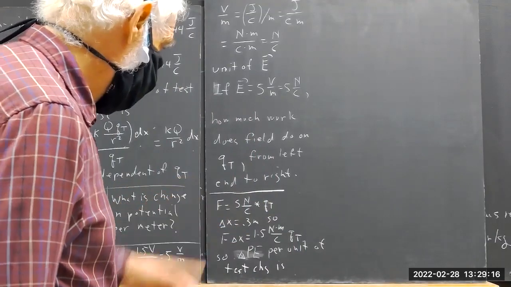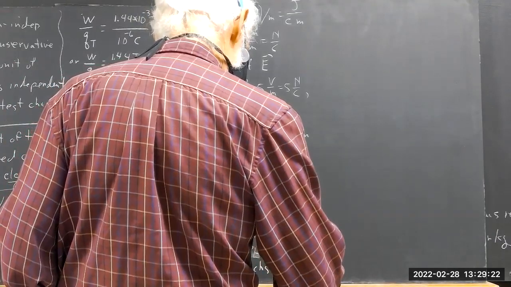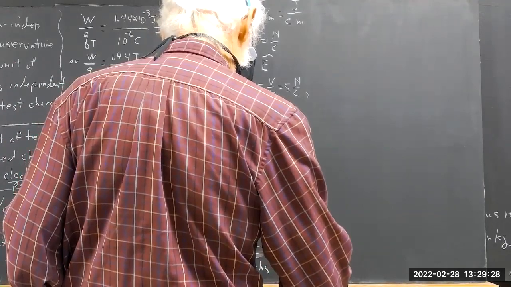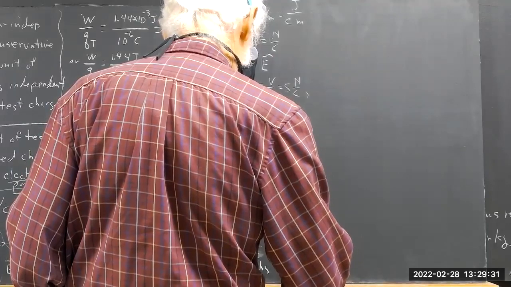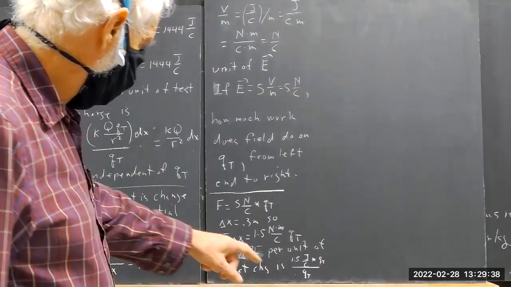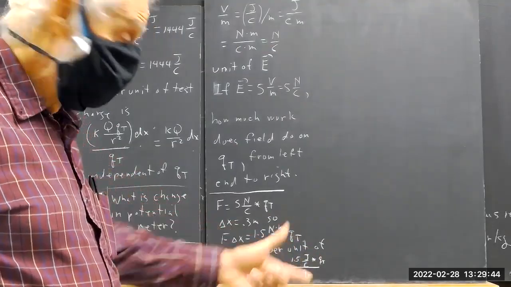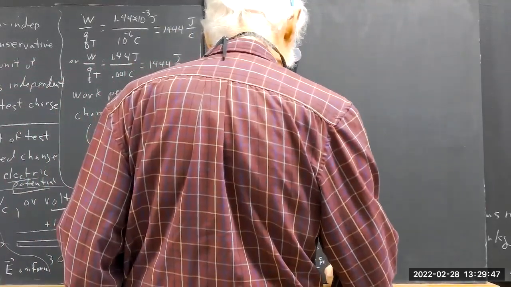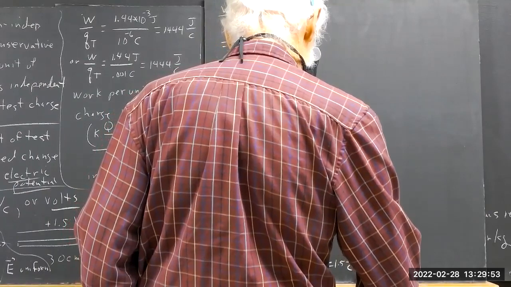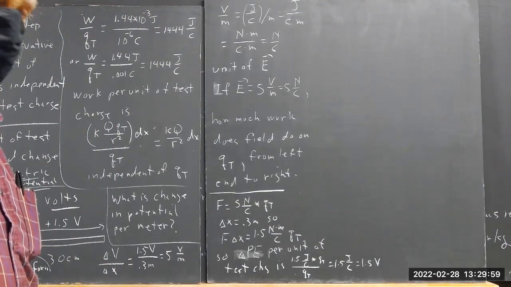So your delta PE per unit of test charge is 1.5 newton meters per coulomb, which is joules per coulomb, times QT divided by QT, which is just 1.5 joules per coulomb, or 1.5 volts.